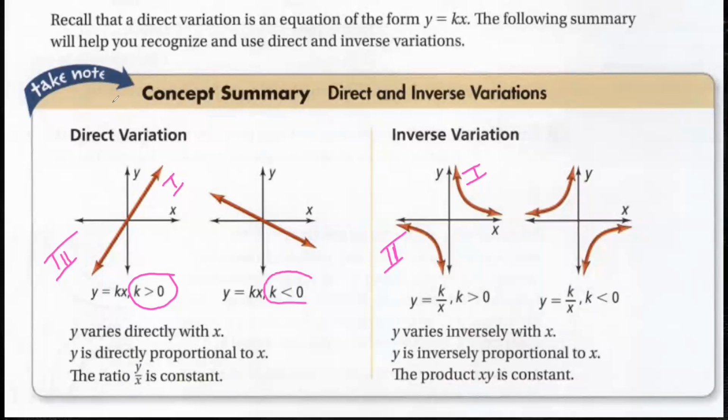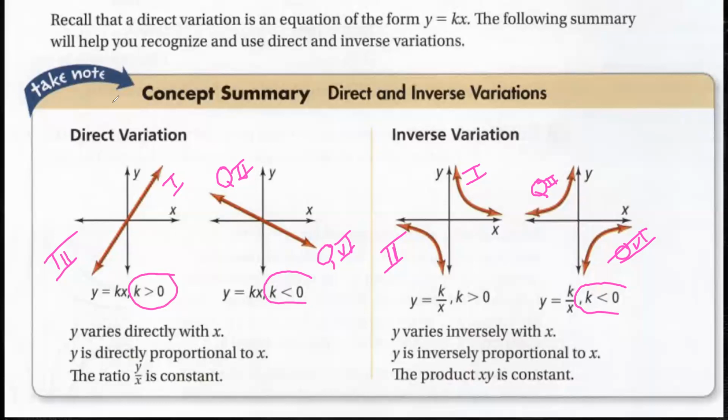When k is less than 0, both of them must be in quadrant 2 and quadrant 4. In the direct variation, it comes like a line and intercepts the axis. In the inverse variation, it comes like a curve. It doesn't touch the axis, and it cannot be 0. For the direct, it can be 0.